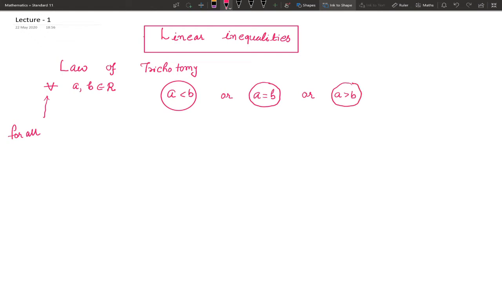So this law is known as the law of trichotomy.